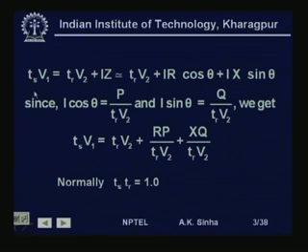Therefore, we have T s into V 1 is equal to T r V 2 plus I into Z. Now, this will be approximately equal to T r into V 2 plus I into R plus j x, which we can write as approximately equal to I into R cos theta plus I into x sin theta.